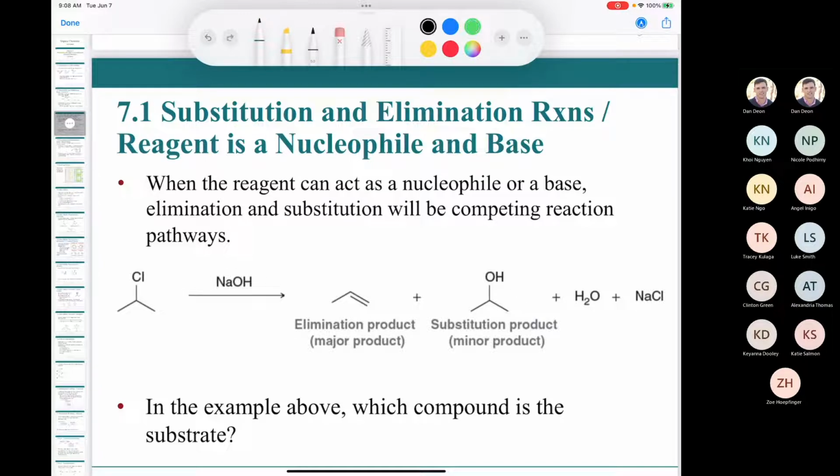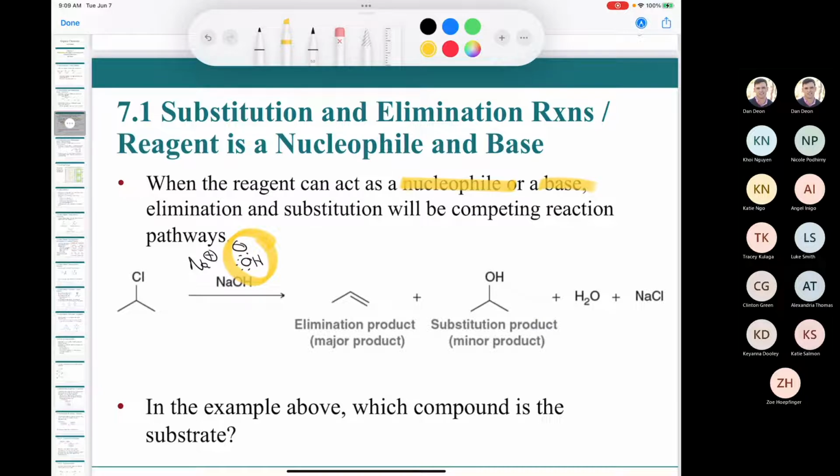Sodium hydroxide is composed of sodium plus and hydroxide, which is OH minus. Well, OH minus, if it's negative, it can certainly react with an electrophile, so it's a nucleophile. And you all passed general chemistry too, so I'm sure you saw about 1,000 times that sodium hydroxide is a strong base. Therefore, hydroxide, again, is both a nucleophile and a base.